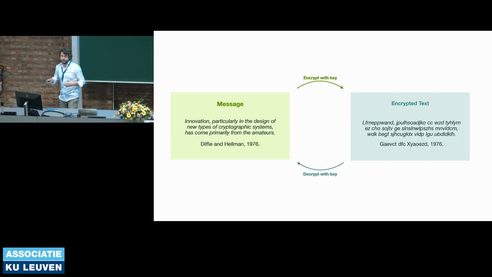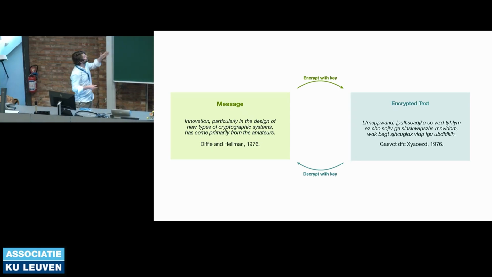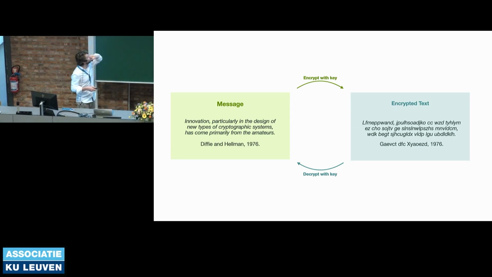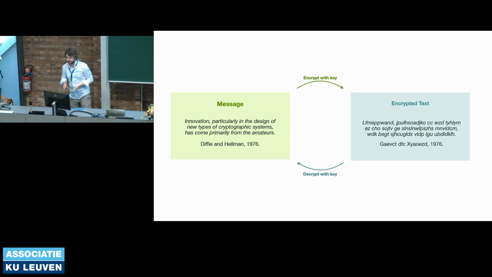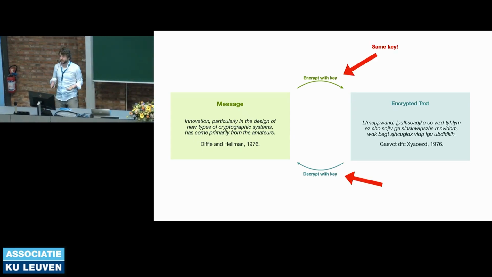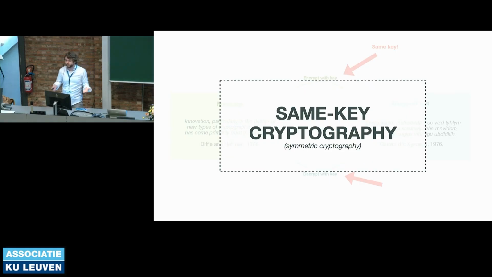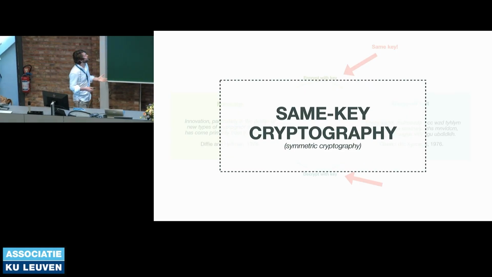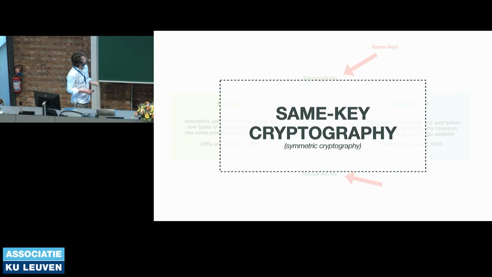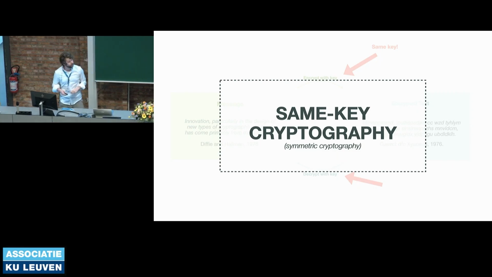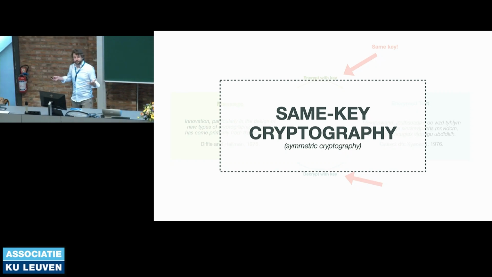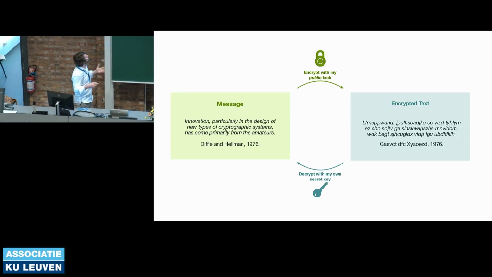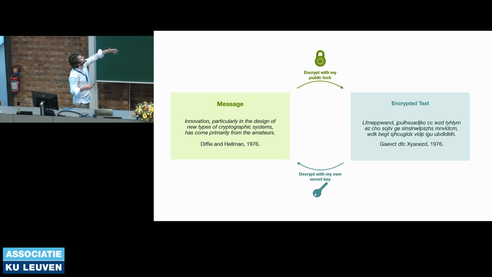Now, this morning, I assume that you have seen this sort of thing, right? You have a message on the left, and it's encrypted with some key, and you get an encrypted text. And then with the same key, you're going to be able to decrypt it. And that is then what we should have called maybe same key cryptography, but we call it symmetric cryptography. And that brings me already immediately to the first problem that we will have today, which is that a bit later, people considered, what if we try to use one device to encrypt it and then use another one to decrypt it?